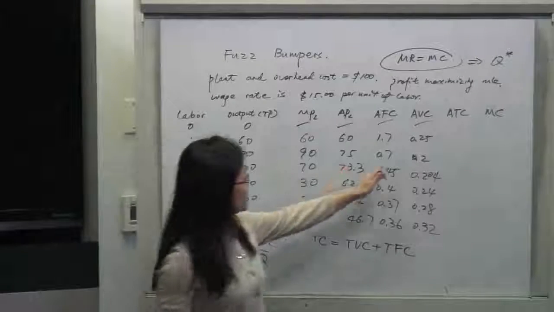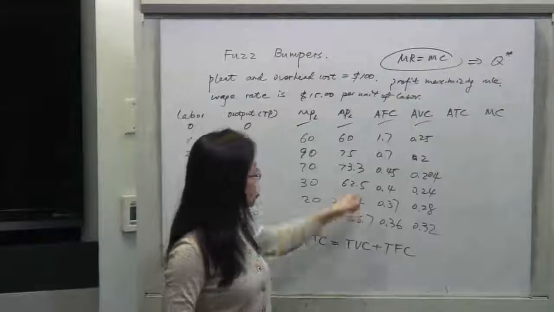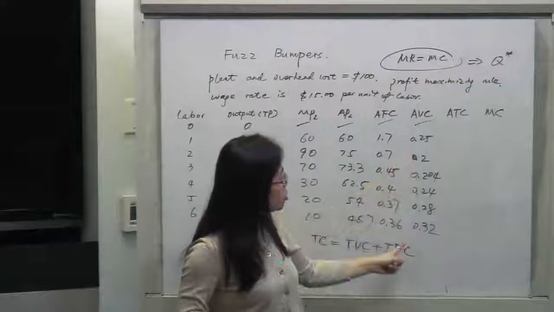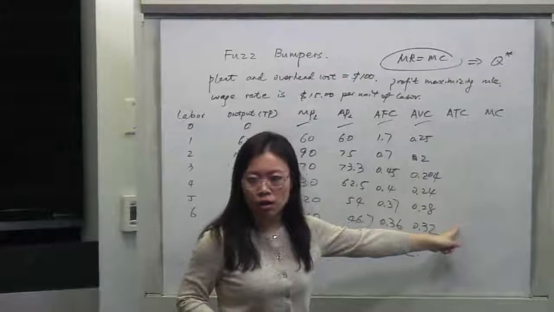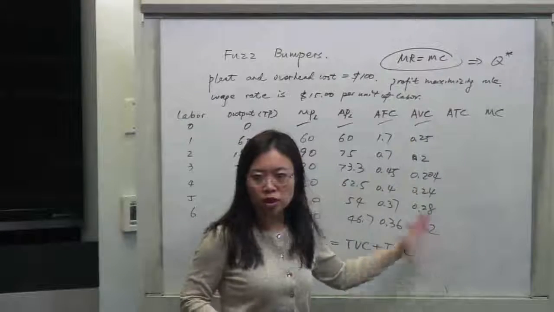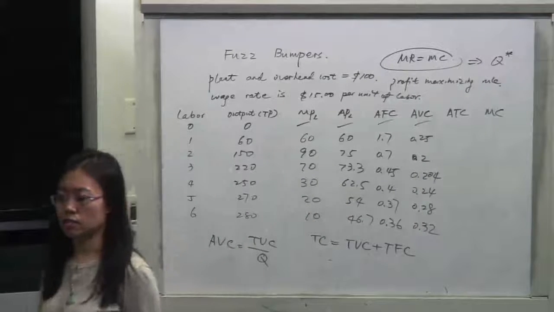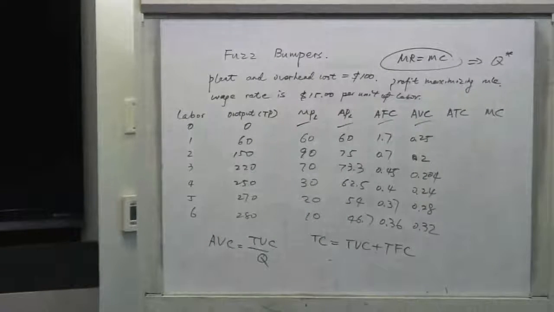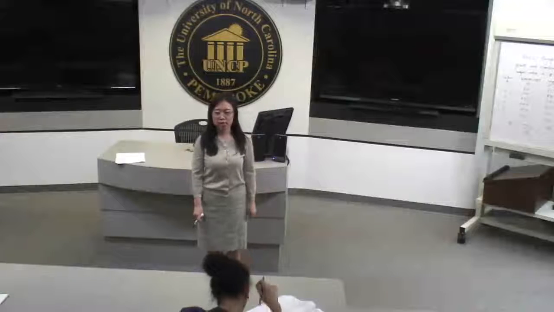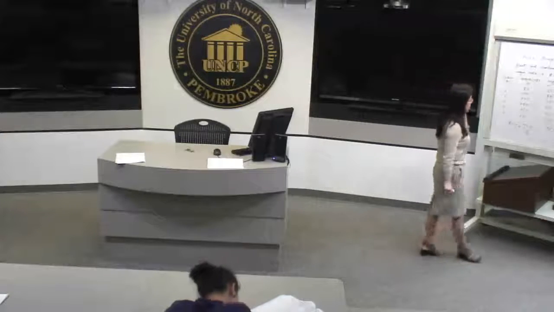Or you can just add these two numbers together. The one thing about doing it this way is, if you messed up these two columns, this could be wrong if you just add these two. So you should check with the second approach. Okay, so that should not be hard. So let's get these ATC numbers here.